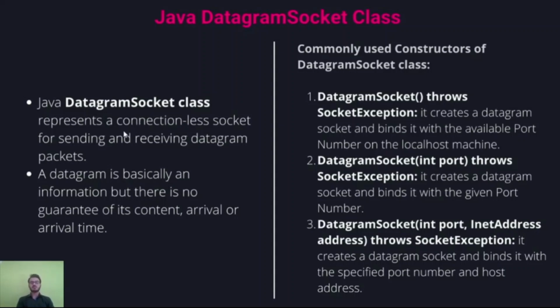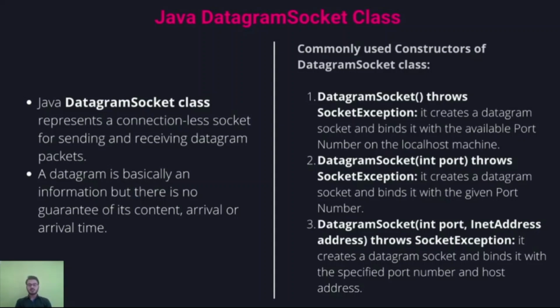It basically provides a mechanism for communication between the client and server. The commonly used constructors of Java DatagramSocket are: DatagramSocket(), which creates a datagram socket and binds it with an available port number on the localhost machine. The second constructor is DatagramSocket(int port), in which we provide the port number as an argument. It creates a datagram socket and binds it with the given port number that we have passed here.